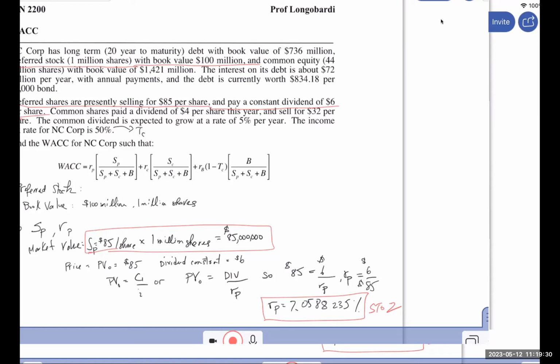Okay, so is the 0%? No. Which one are you talking about? The WACC. Oh, the WACC. Yeah. I thought you were talking about just the first part. So this is my total and I flip it to make it the denominator and I multiply it by SP. SP was 850000000.